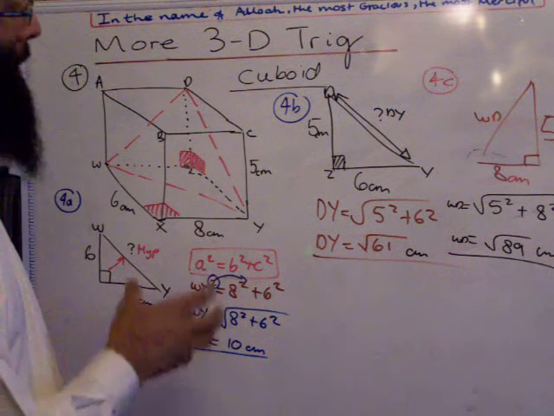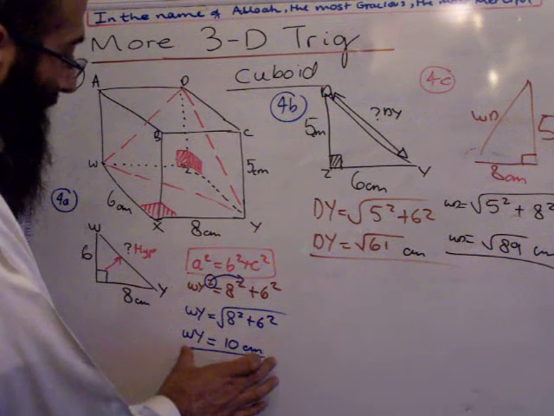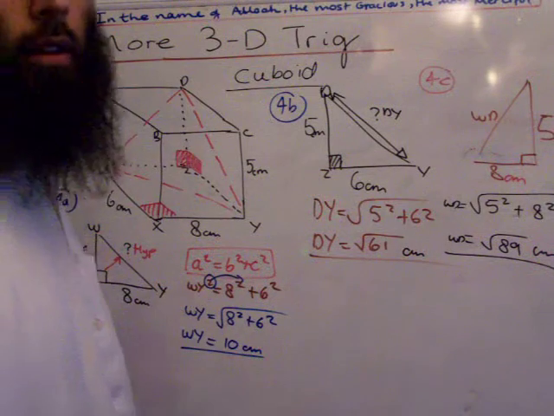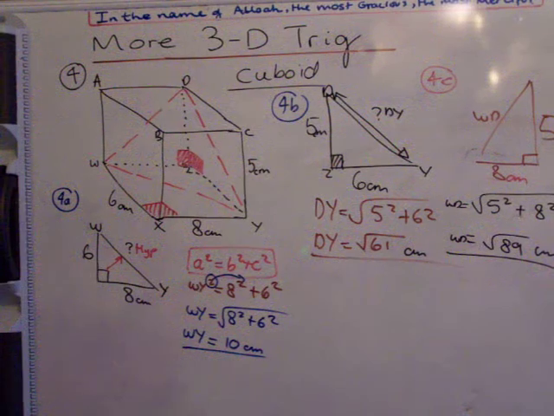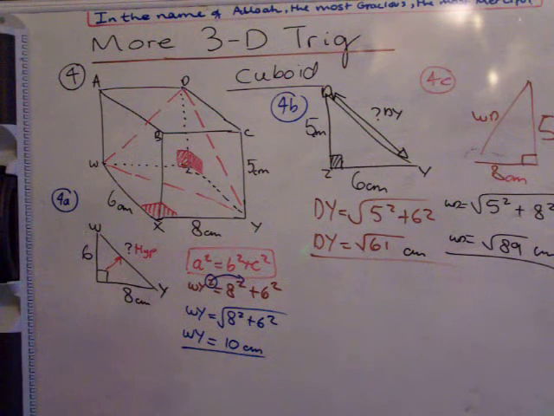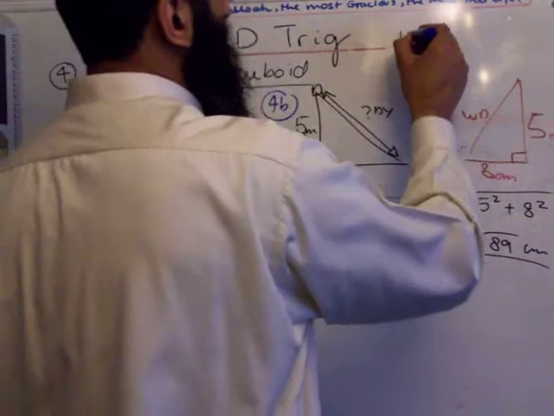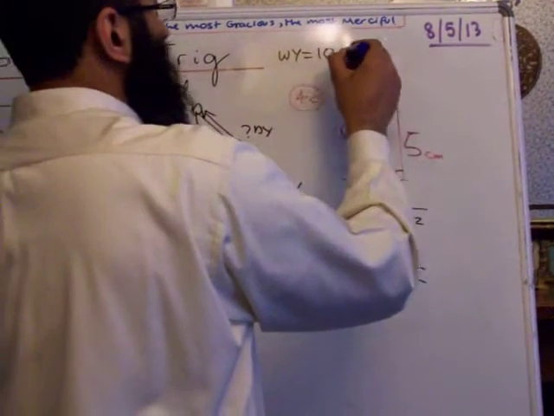Now, most likely for the next question I'm going to have to rub off the whole board. We need to get these values and put them to one side for the moment. So let's write over here a little quick summary. WY is equal to 10 centimeters.